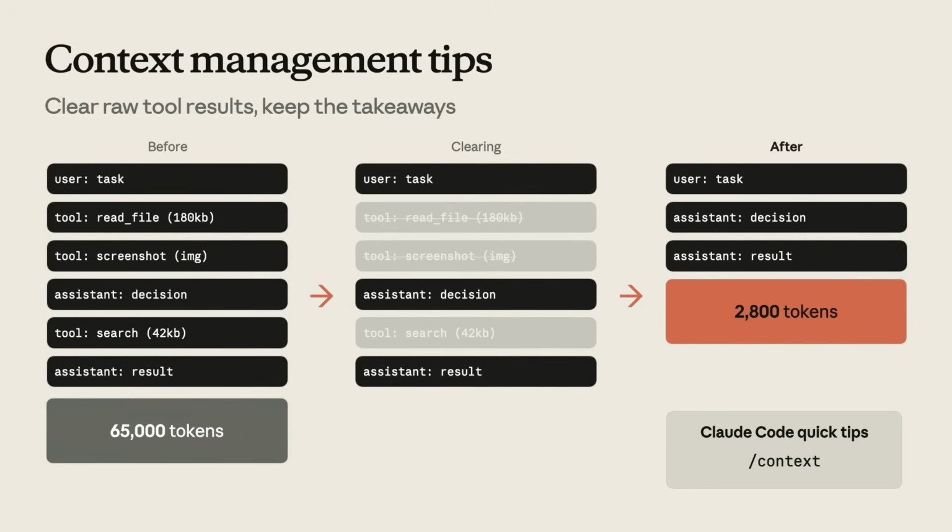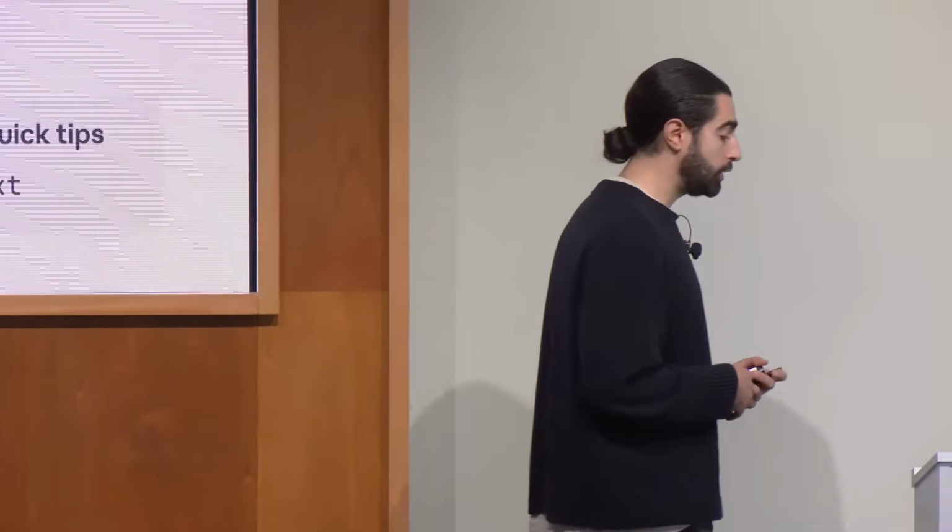So now for a quick tip on context management. We actually recommend that every n turns, you clear tool results. By pruning stale tool outputs, think about things like screenshots or search results or file reads, you can save tremendously on context while keeping the decisions that they informed, which Claude mentions in its transcript.